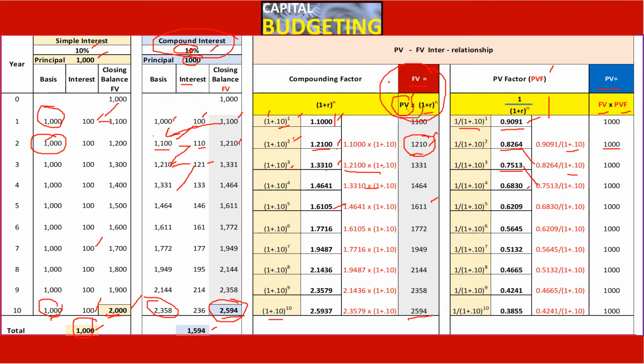If you want to derive present value, 2594 into 0.3855 is 1000. Now this is using the formula for generating either future value, or from future value generating the present value, where you need 1 plus r to the power of n in its various combinations. This is just for the sake of knowledge.